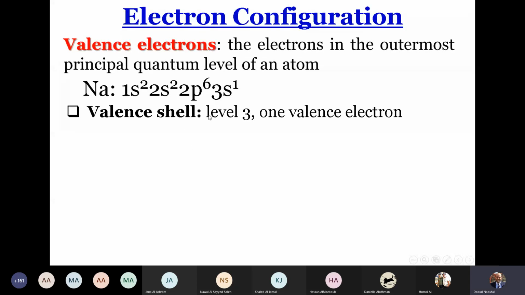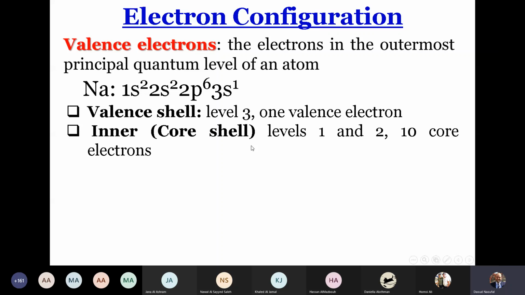So the valence shell is level 3, and in level 3, we have 1 valence electron. So what is the meaning? In the last shell, the shell that is the most distant from the nucleus, we have 1 electron in motion. This is the statement.